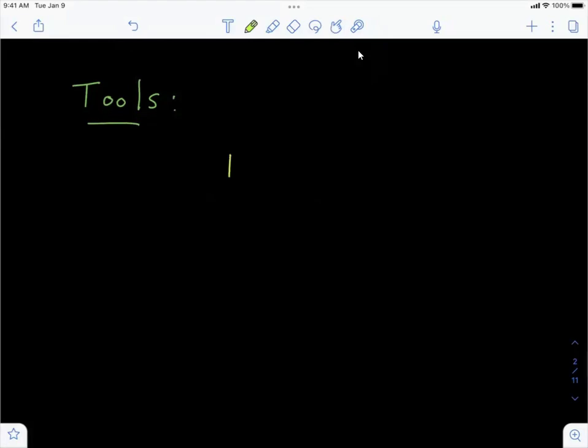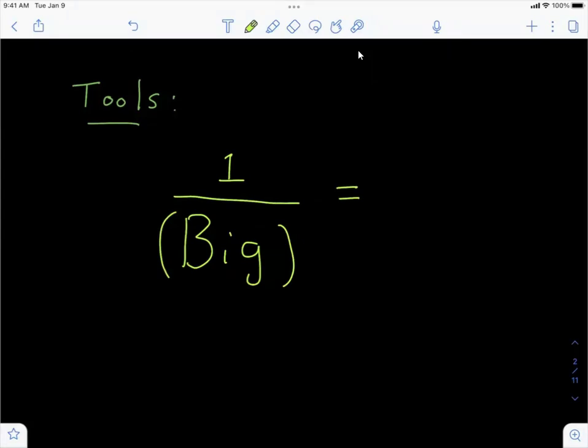Look at this. If I divide 1, or any non-zero constant, by a very large number, the outcome that I'm going to get is very small.